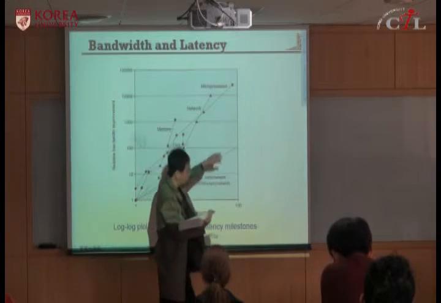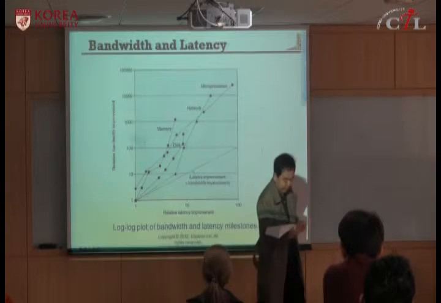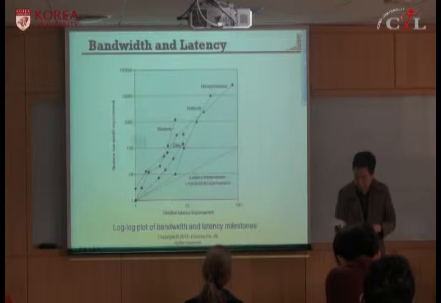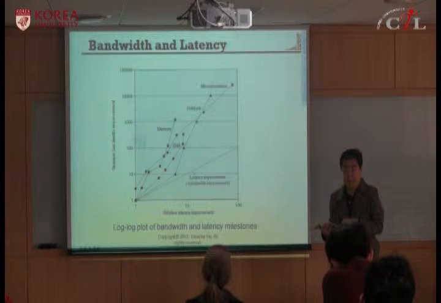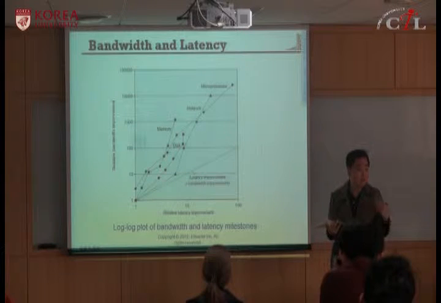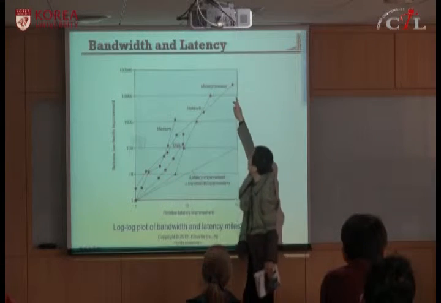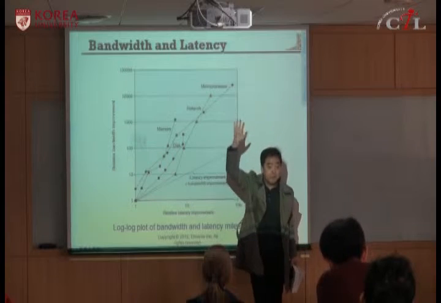And this i7 processor, its bandwidth is about 50,000 MIPS. So that's about 50 billion instructions per second. If you compare, that's about 25,000 times growth in terms of throughput. Okay?